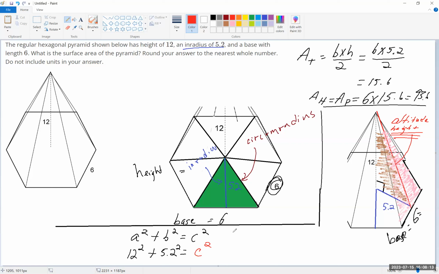So that leaves me with, well, I'm going to take the square root of both sides. So I'm left with c equals the square root of, and I might as well figure that out. That's going to be 144. And then 5.2 squared is 27.04.